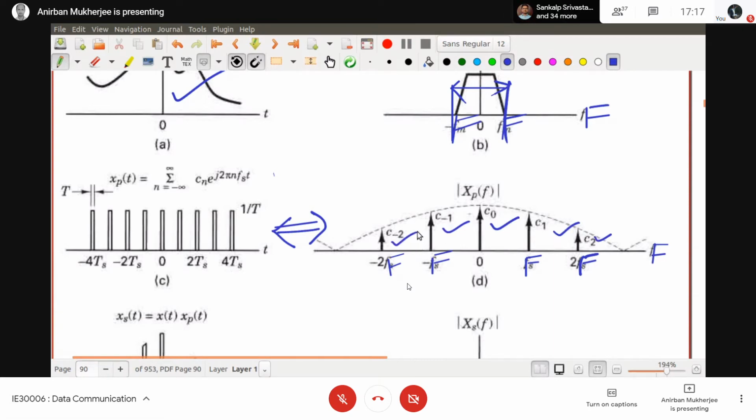Now, I think you have studied these things in the sixth semester, is it not? Have you studied this? That means if I have periodic pulses and I know the amplitude, if it is 1 and T_s is known, can you calculate this Fourier series?